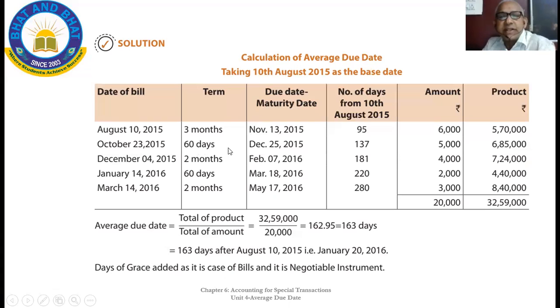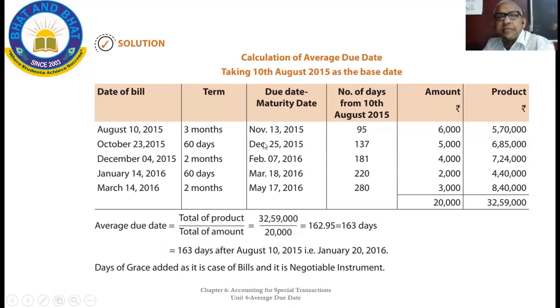Then December 22 plus 3 grace days, hence December 25. Like that, January 4, February 4 plus 3 days. Here also you count the number of days, it comes to March 18. Here you count months, it comes to May 17.